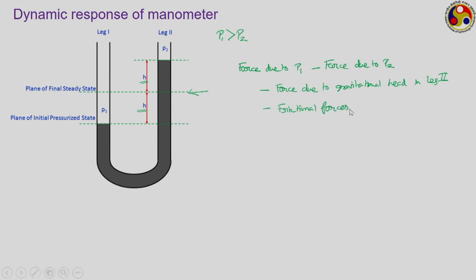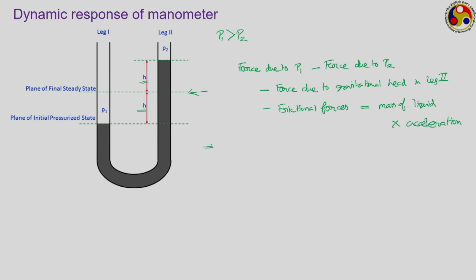As the liquid column tries to move, the viscosity of the liquid resists that particular motion. So it also has to go against this particular frictional force. This summation of forces, these are the forces that we can realize on this. This should be equal to the mass of this manometric liquid times its acceleration.